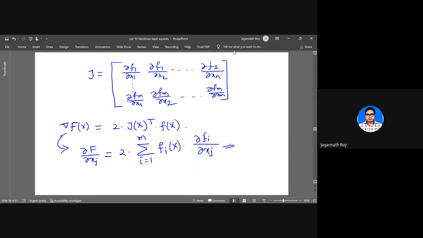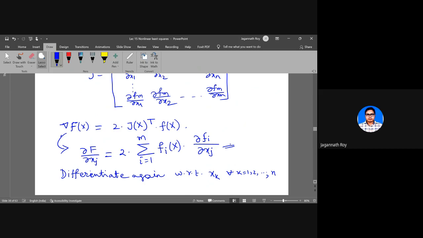Okay. Now if we differentiate this again, because we want to find out the Hessian, with respect to, for example, xk, for all k equals 1, 2, ..., n. Okay. Because we want to find out the second order derivatives.